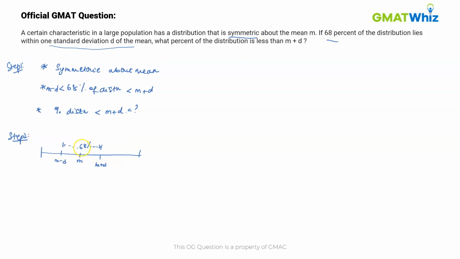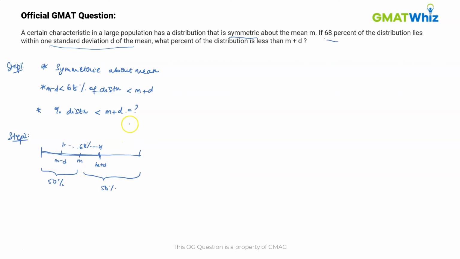Since the distribution is symmetric, the mean will divide the distribution into exactly 50%, or equal halves. Now, we have to find the percentage of data that lies below m plus d.